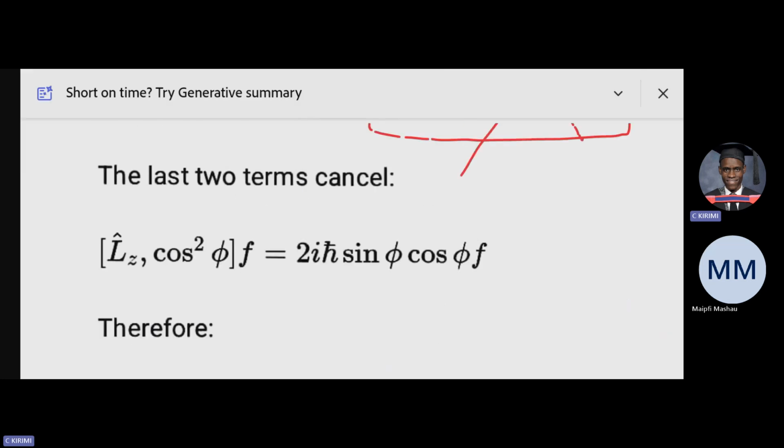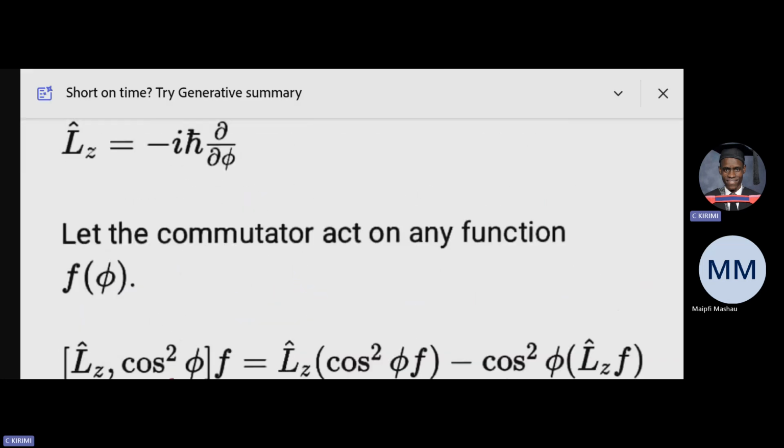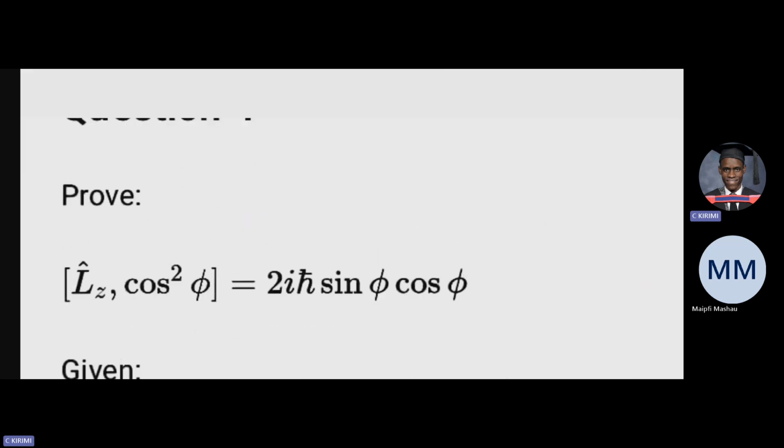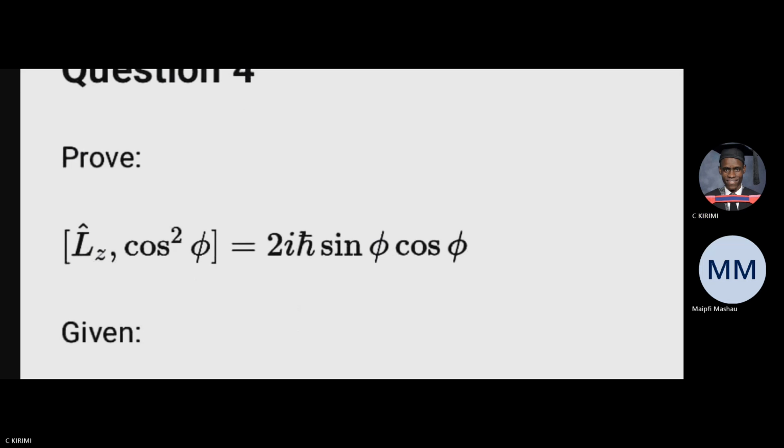All right, just a recap of what we've done so that we refresh your memory. So this is what you are supposed to do. Now that you know that LZ commutes, which means we are saying LZ multiplied by cos phi minus cos phi multiplied by LZ. And remember, the order matters.